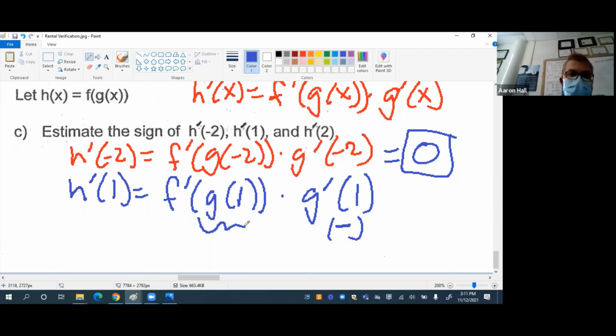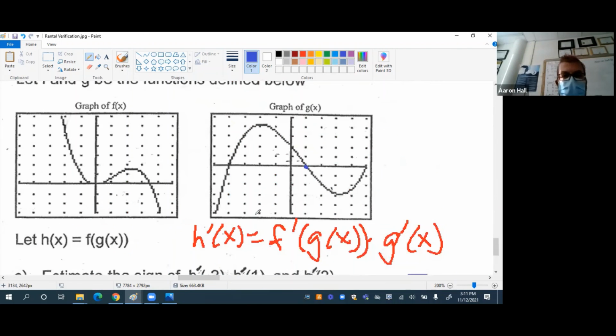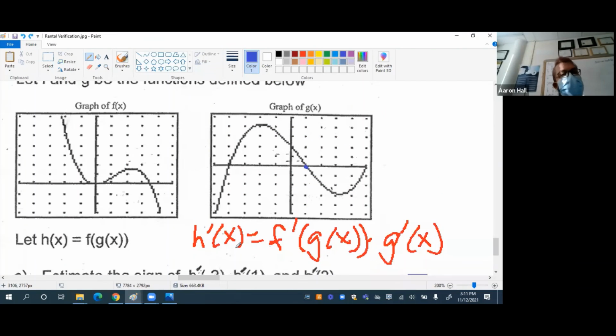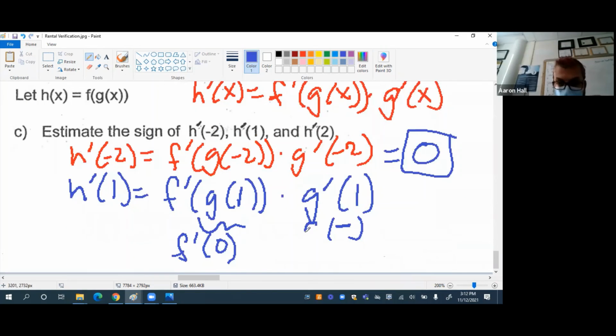What about this? What's g of 1? G of 1 is 0. And so I'm trying to find f prime of 0. I'm trying to find the slope when x is 0. What is f prime of 0? Yeah, it looks like my slope here is 0. So this would be 0, which means then that this is what? It's 0 as well.